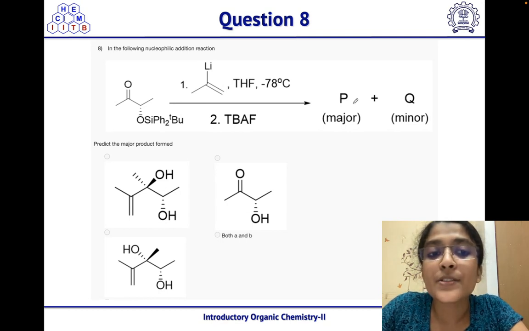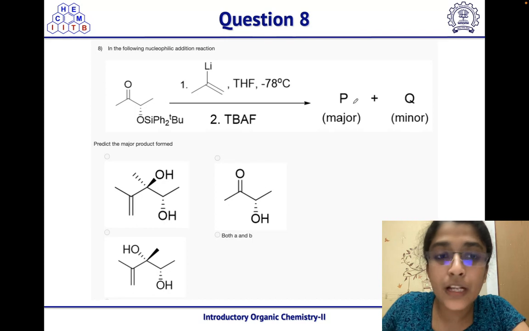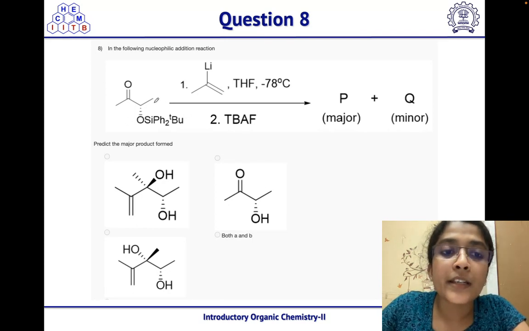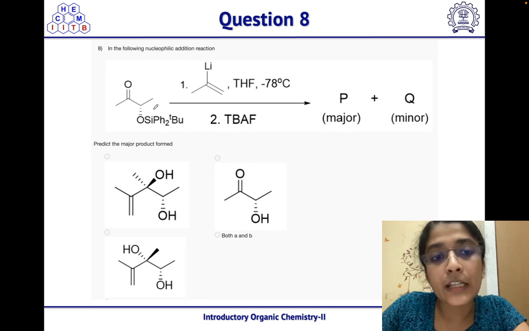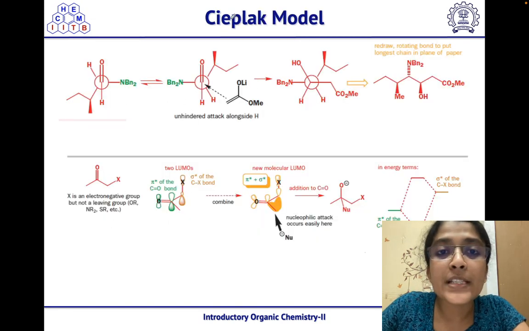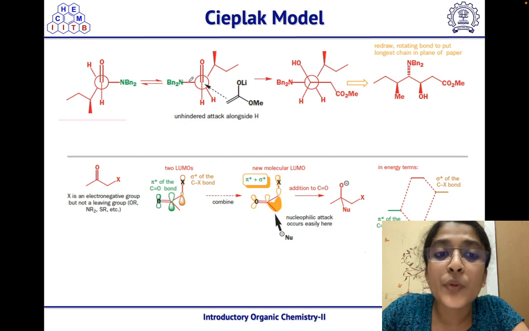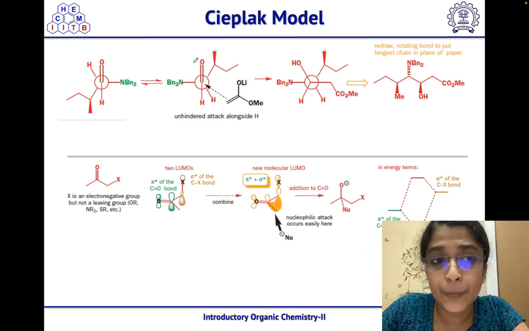This also you can solve based on the Felkin-Anh model. But here one more thing you have to take into consideration: we have to follow this Cieplak model. Cieplak model means an electronegative group with a lone pair of electrons should be drawn perpendicular to the carbonyl group.